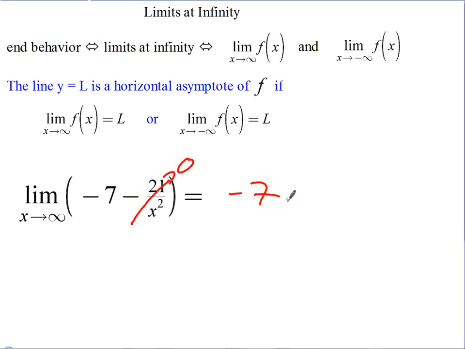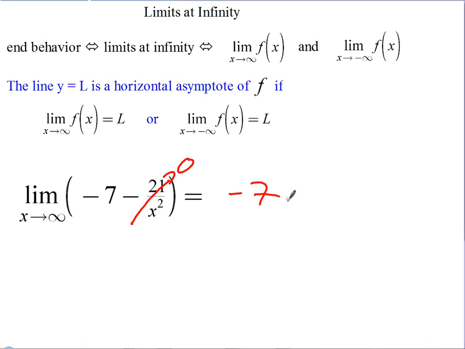So then we could predict, does this function that we've just analyzed have a horizontal asymptote? As x approaches infinity, does the function approach a constant value? It does, right? Let's graph it.